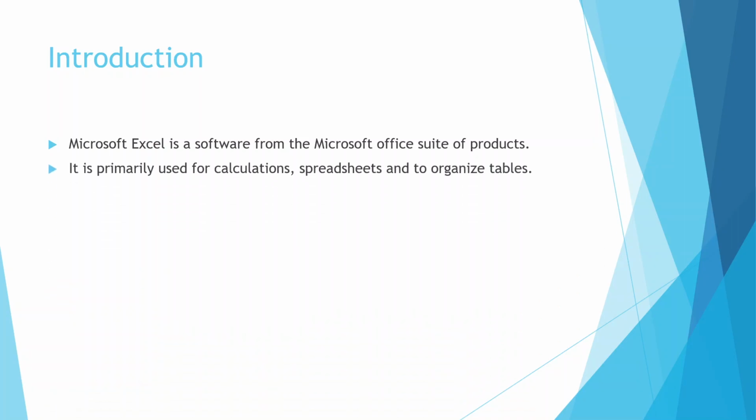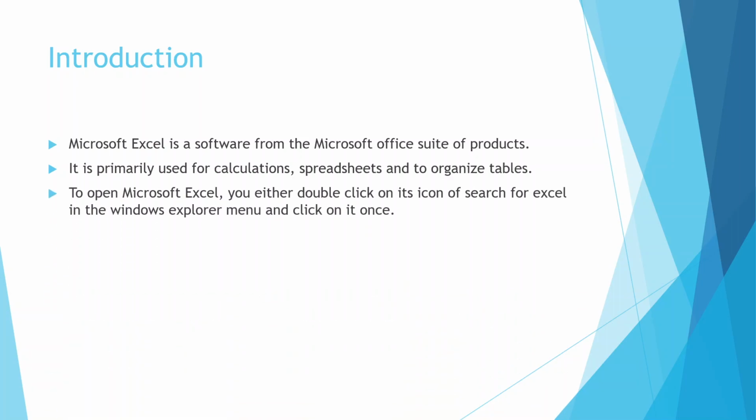The purpose of Microsoft Excel is primarily calculations, spreadsheets, and organizing tables. Now, to open Microsoft Excel, you either double click on its icon, or search for Excel in the Windows Explorer menu and click on it once.